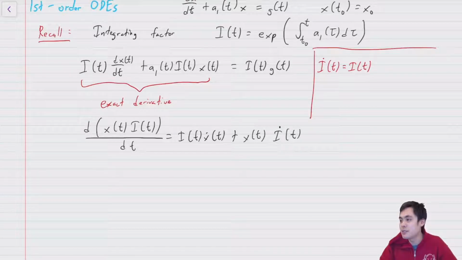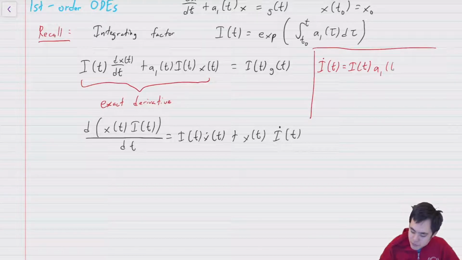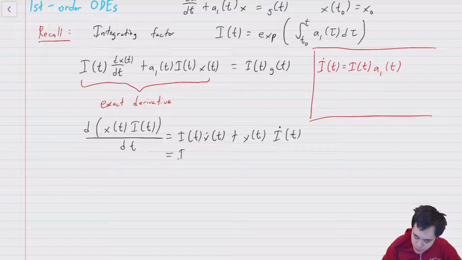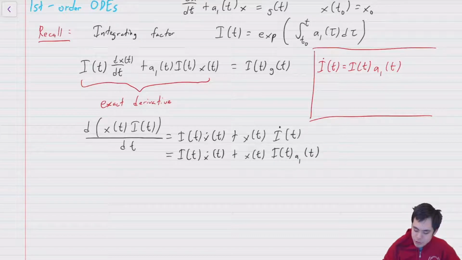The inside is just an integral from t0 to t of a1(tau), so its derivative is a1(t). And so x(t) I dot(t) is x(t) I(t) a1(t), and together this is precisely the left-hand side up there.